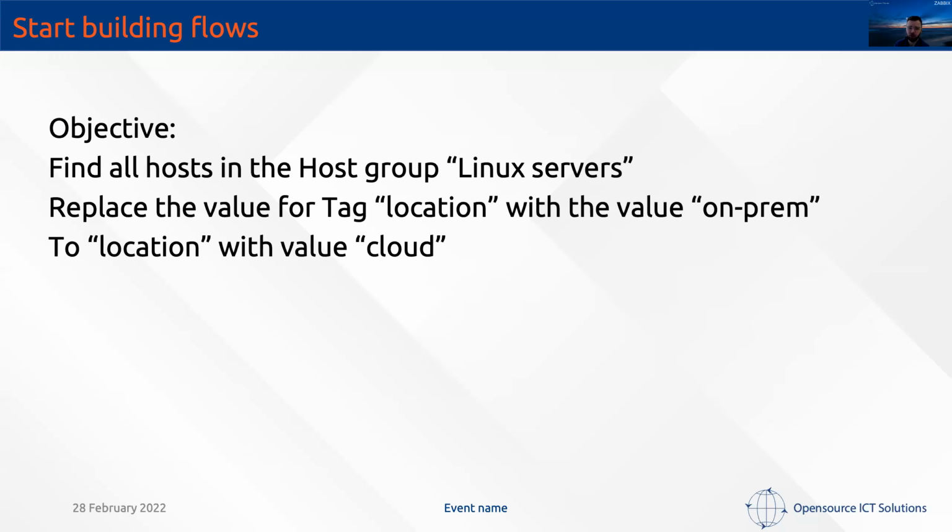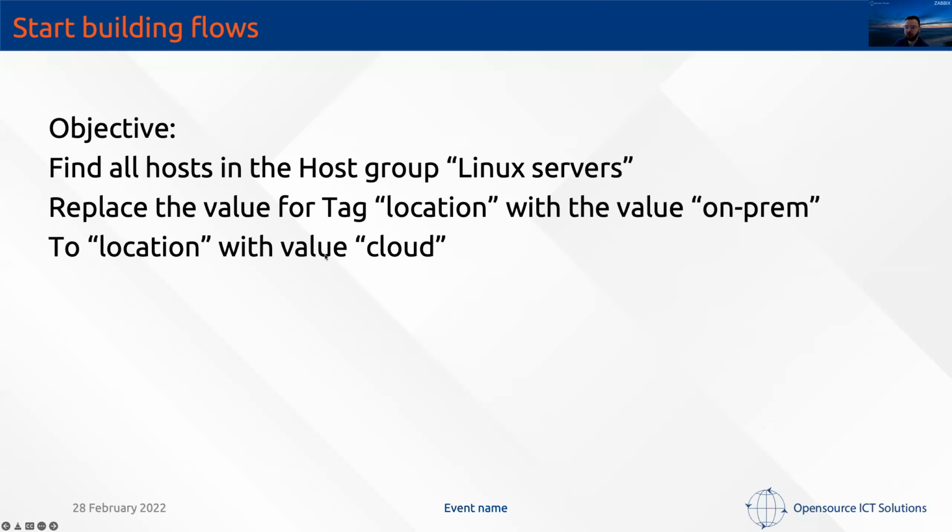So in this case, we want to find all of the hosts in the host group called Linux servers. For all of those hosts in that host group Linux servers, we want to replace the value for the tag location, on-prem, with the value cloud.